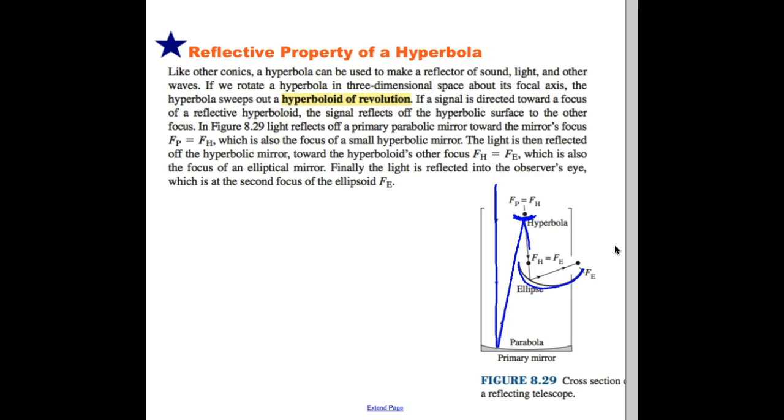So that's going to bounce off this one and go towards the other focus of the hyperbola, which is now the focus of the ellipse. So it's going to bounce off the ellipse and go to the other focus of the ellipse. They've combined all three shapes, mirrors that resemble a parabola, a hyperbola, and an ellipse, and all of that light that was directed in initially is going to come out right here.